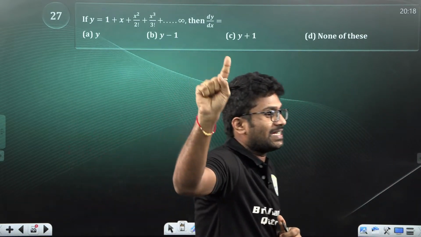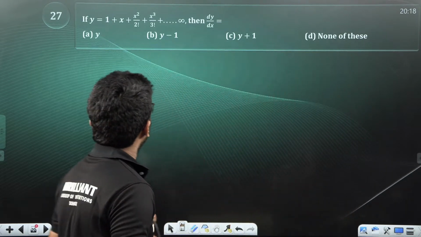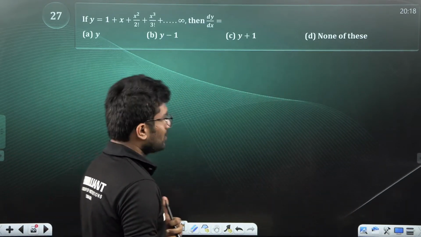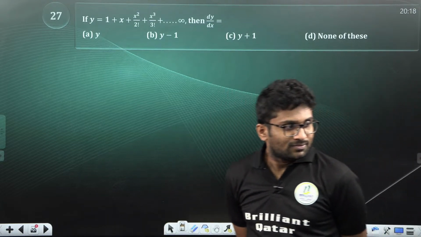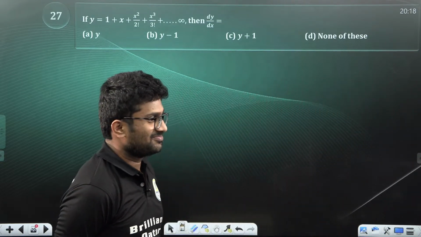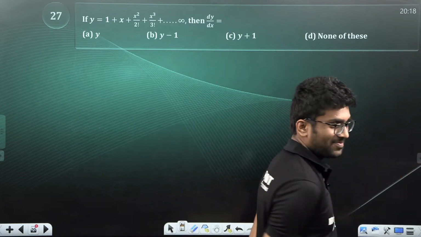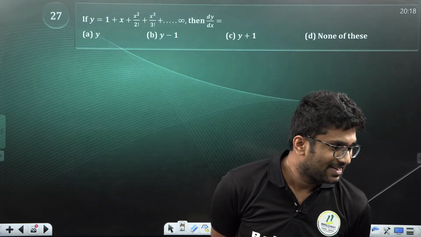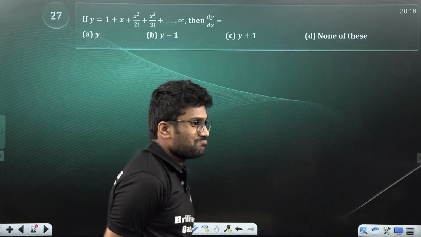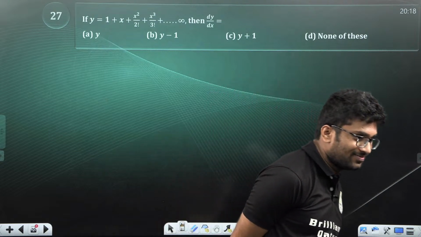Previous one is a finite sequence, but this is an infinite sequence. Y plus 1.